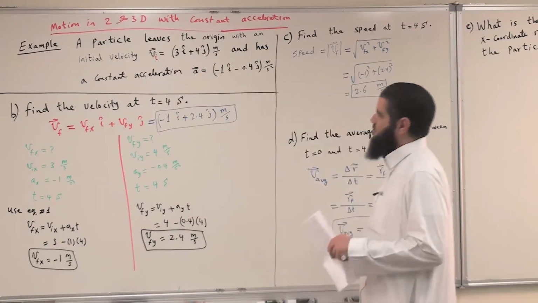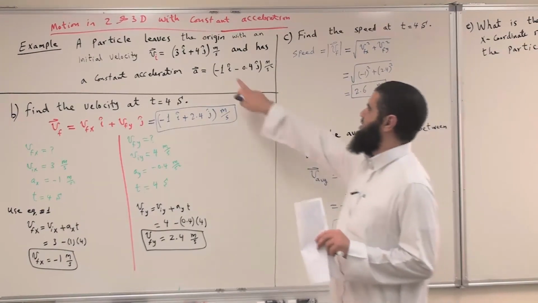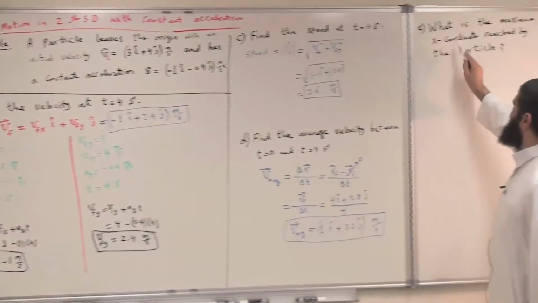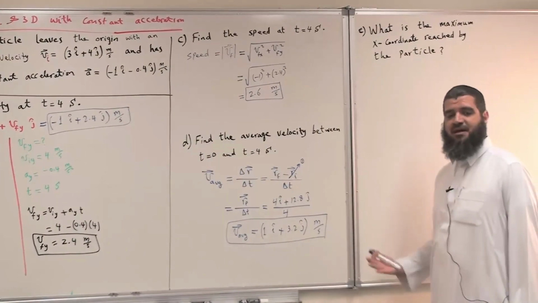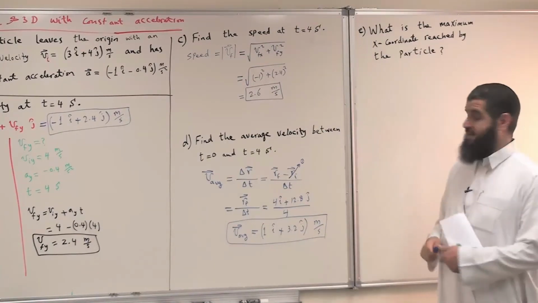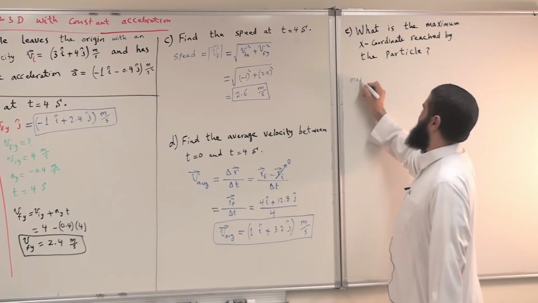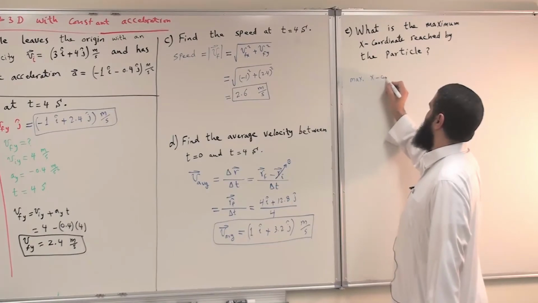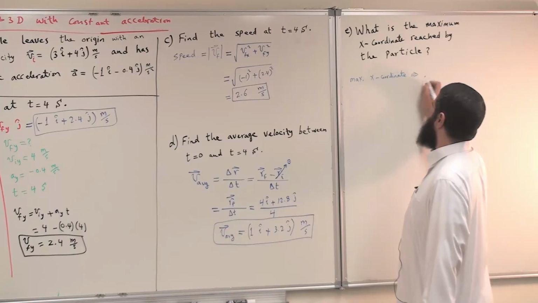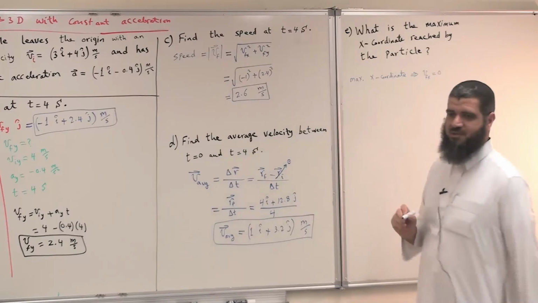So my object was moving in the positive x direction, but decelerating. It means it will reach the maximum x coordinate when its x component of the velocity is equal to 0. Then it will change direction. So this is very important to notice. Maximum x coordinate implies that v final x should be equal to 0.